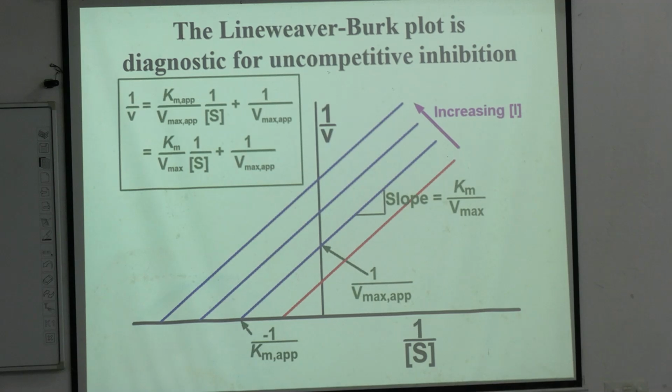So in both the cases, what happens? Because it is inhibitor, Vmax always decreases. Vmax cannot increase because this is inhibition. So Vmax always decreases. And what about Km?